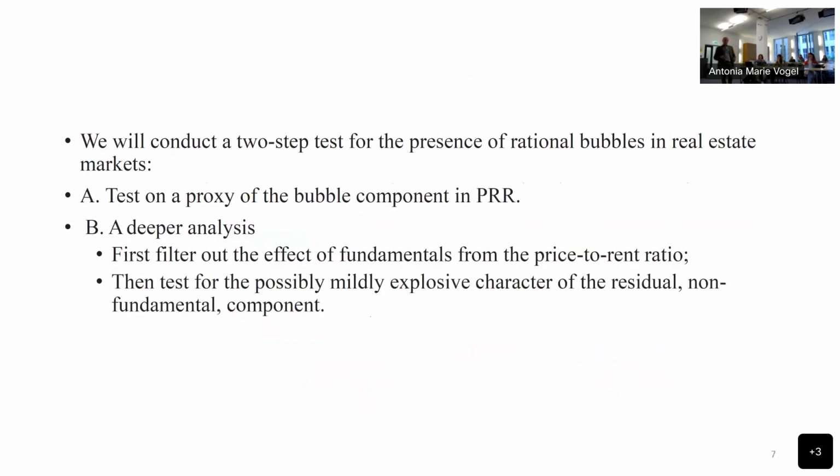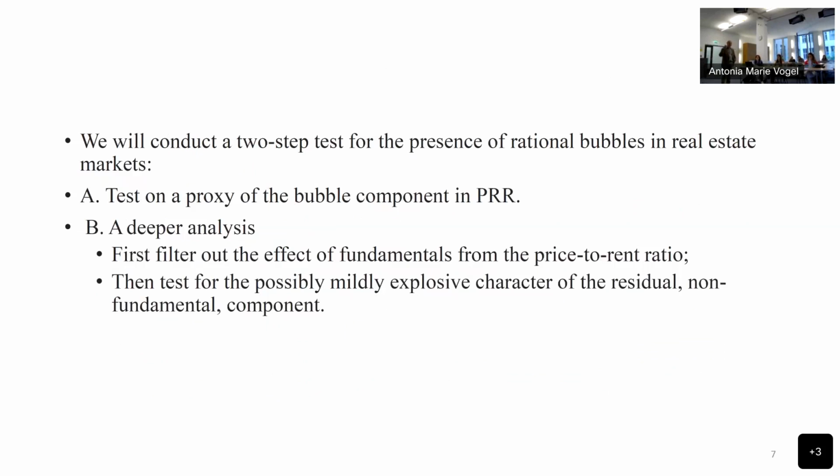So here, as you may already have understood, we rely on a two-step approach. In the first step, we just look at the price to rent ratio and see whether we can date bubbles in the real estate market on that basis.